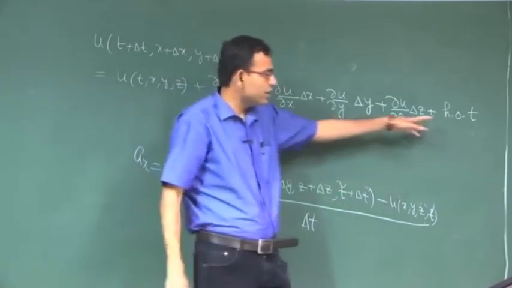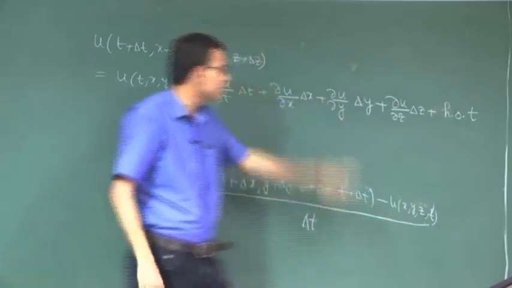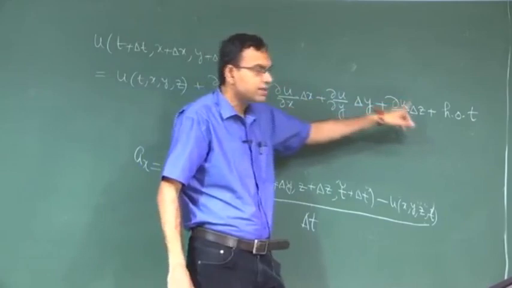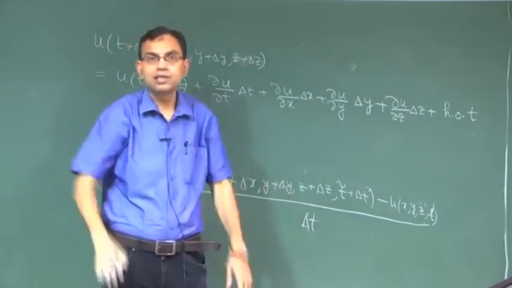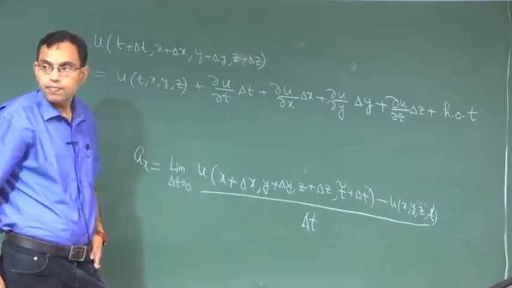This HOT, very commonly in this course when we write it, means higher order terms, that means terms of the order of delta t square, delta x square, delta y square, delta z square, cube, fourth order up to infinity. This is a Taylor series for multiple variables.